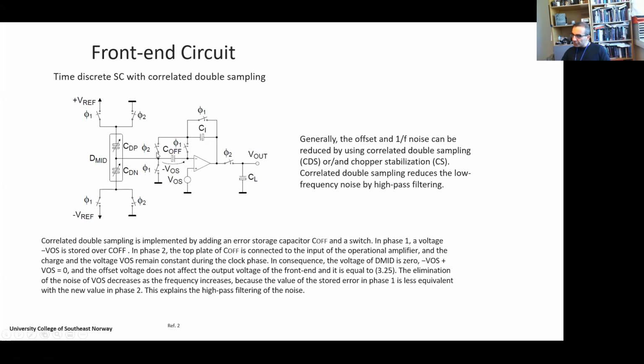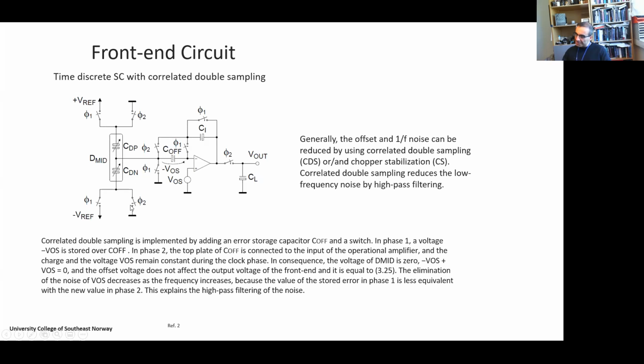How this one works, you have to follow the clocks to see, for example, at Phi1, the capacitors are being biased by VRF and VRF minus. And in order to charge these capacitors, you need to put their output to ground. So you charge the capacitors at Phi1.